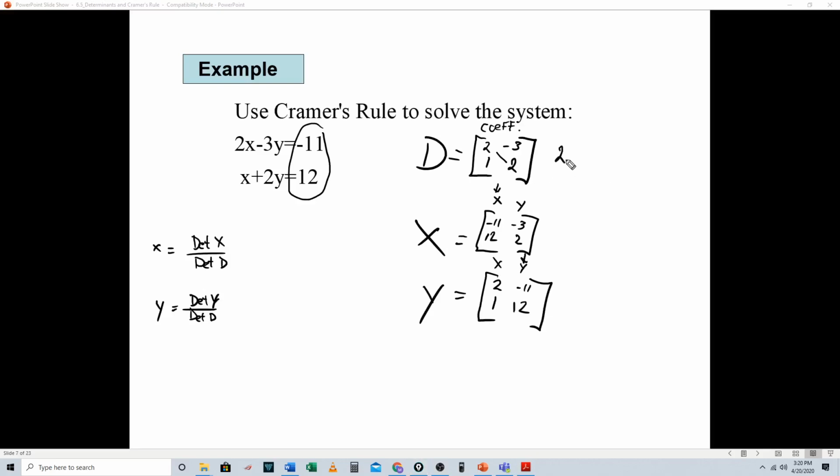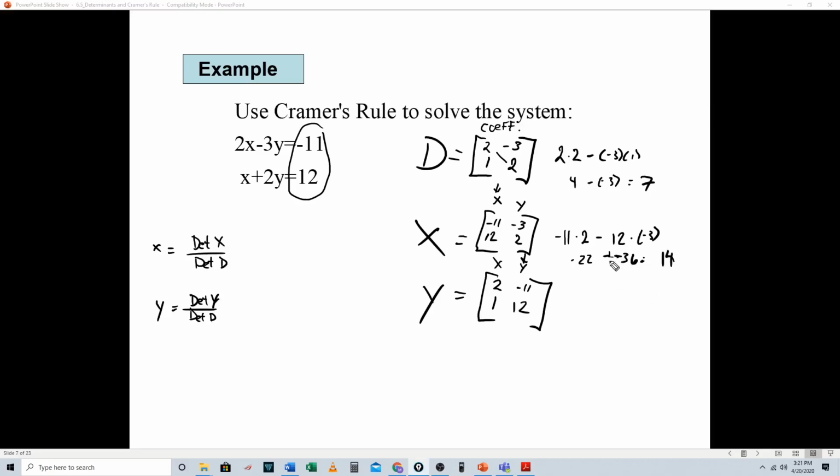So 2 times 2 minus a negative 3 times 1. It becomes 4 minus a negative 3, 7. And then we have negative 11 times 2 minus 12 times negative 3 gives you negative 22 minus negative 36, which is 14.